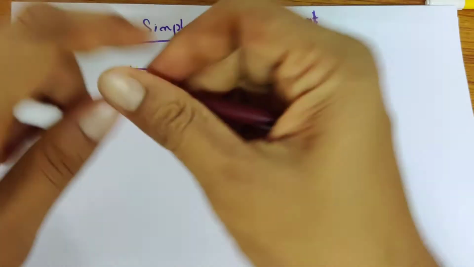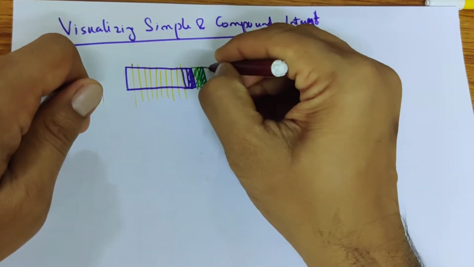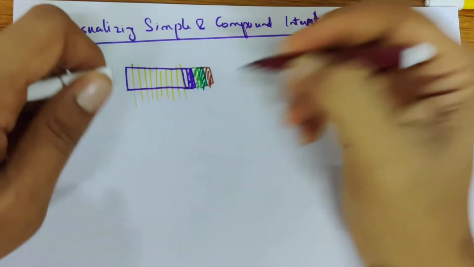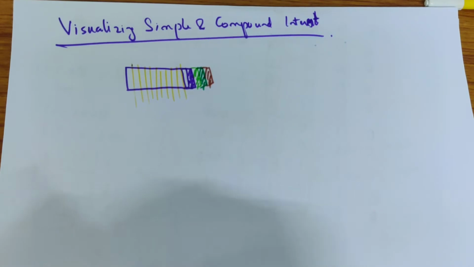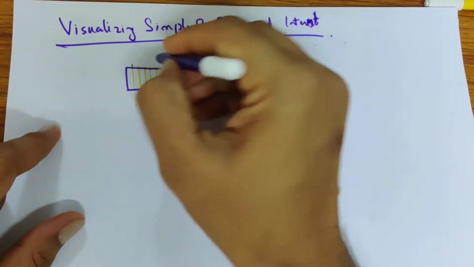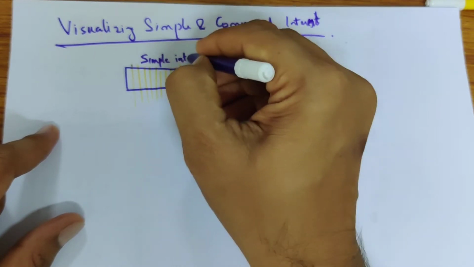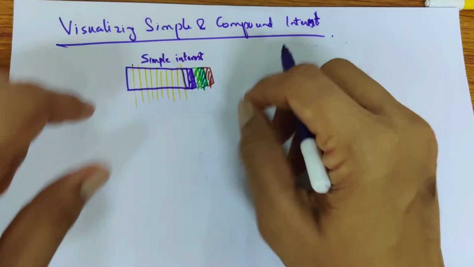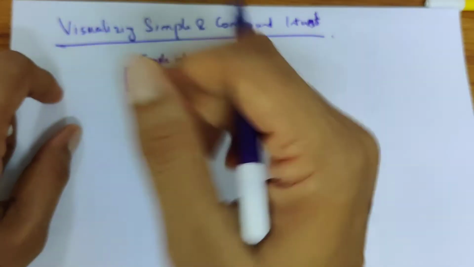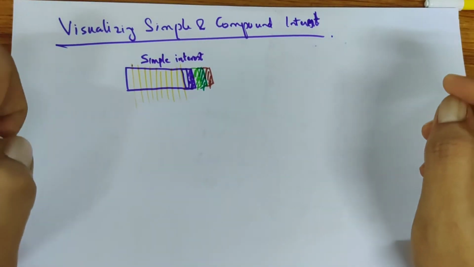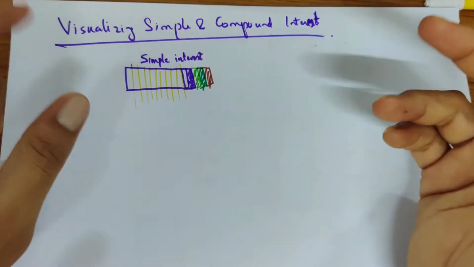In the fourth year you add this. So this is basically simple interest. You take your principal, make it flat, take a rectangle, cut out a part of it and keep adding that part. So that's simple interest.